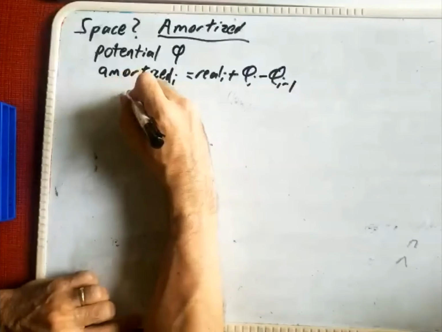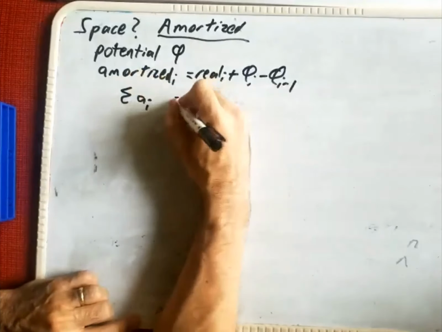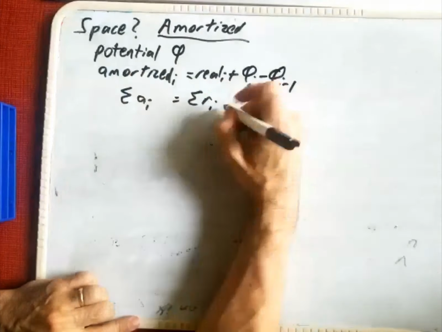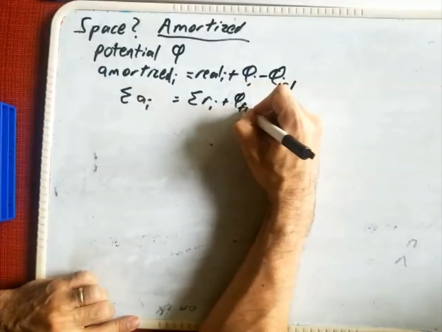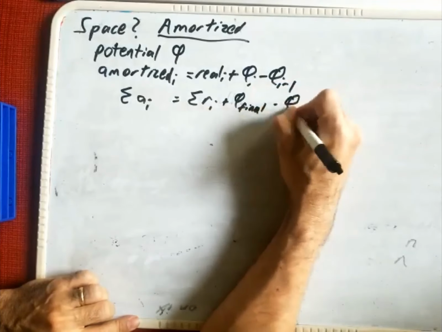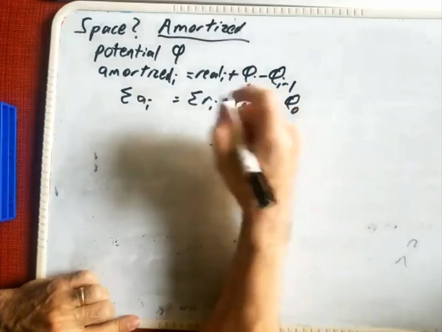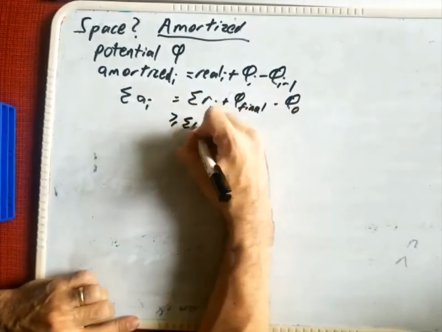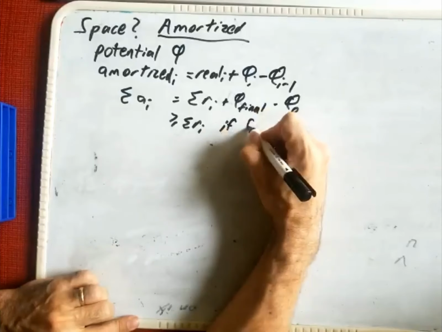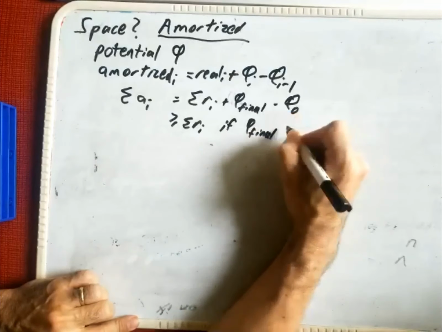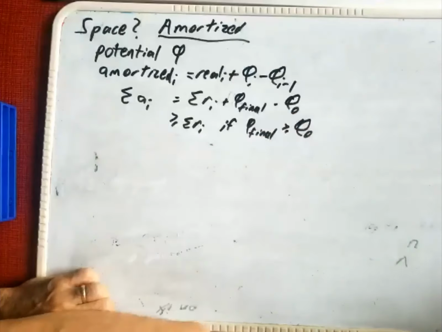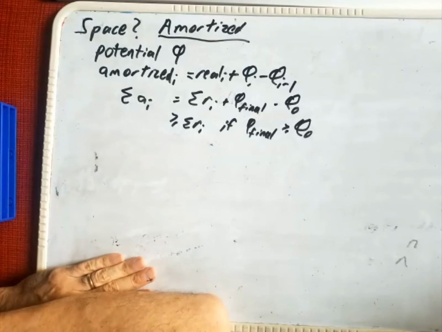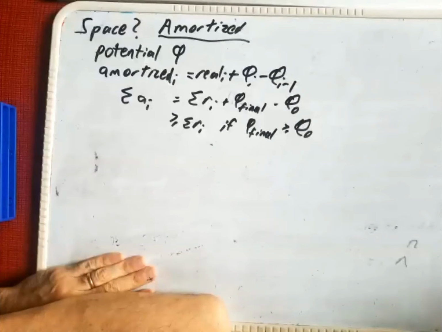And if we do that, then the sum of the amortized costs is equal to the sum of the real costs plus the final potential minus the initial potential. And that is greater than the sum of the real costs if the final is greater than the initial potential. So have you had time to think about what might make a good measure of deferred work in our data structure? In this case, we're thinking about space usage rather than time usage.